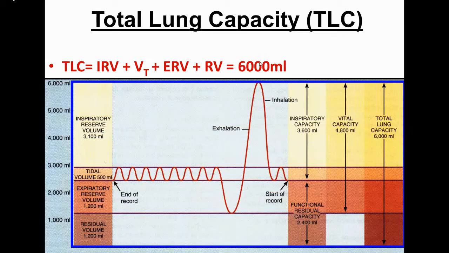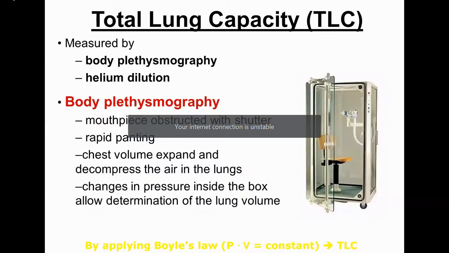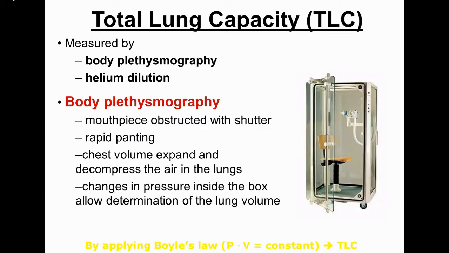And if we add them together, the total lung capacity should be around 6000 ml. As I told you, we can calculate the total lung capacities by these parameters, and by seeing the parameters, we can decide about the capacity and the functioning of the lung.